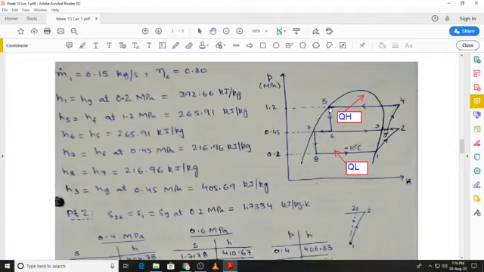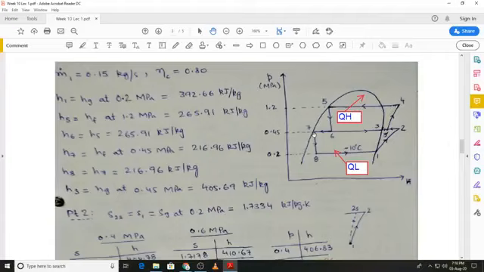Similarly, H5 will be equal to HF, and that is the enthalpy of saturated liquid at 1.2 megapascals, that is also given. H6, because this is an isenthalpic process, is the same as H5. Now H7, again it is saturated liquid but at 0.45 megapascals pressure.